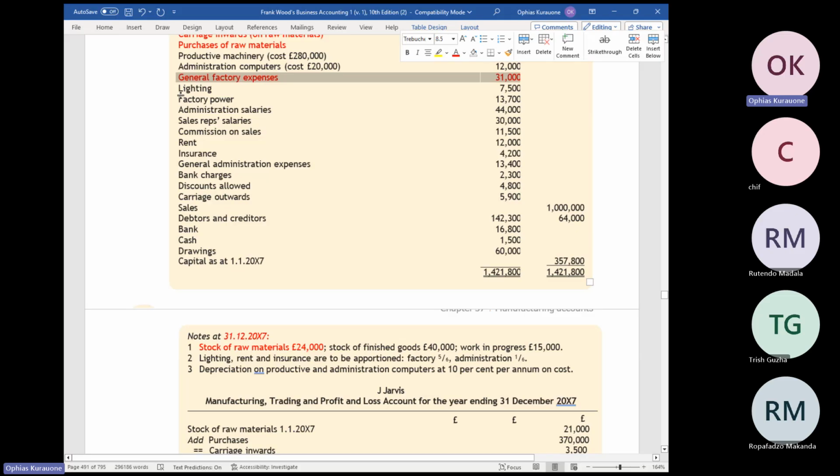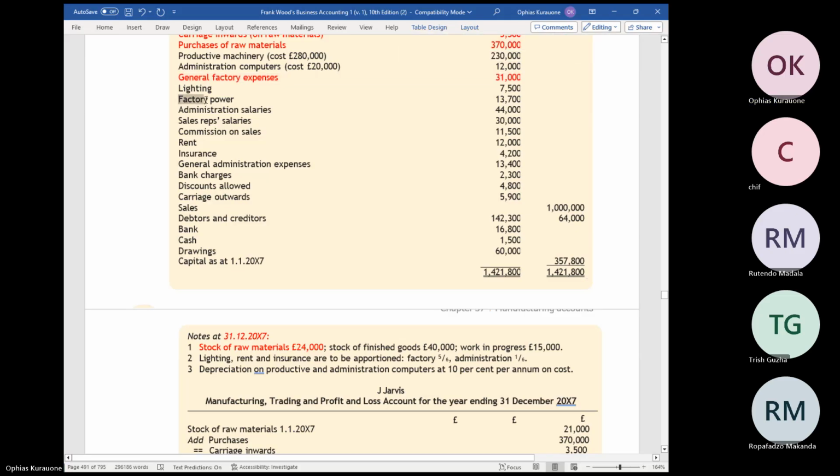Then you've got factory power. But here they are saying lighting, rent, insurance are to be apportioned: factory 5/6, administration 1/6. So because of this clause, for lighting, rent, insurance, the factory will get 5/6.